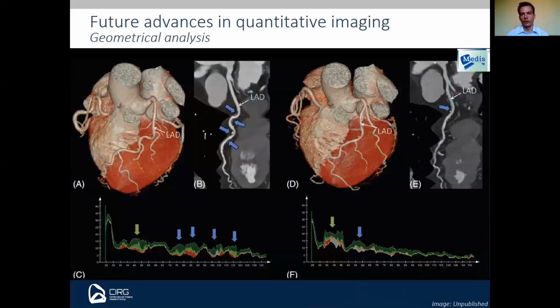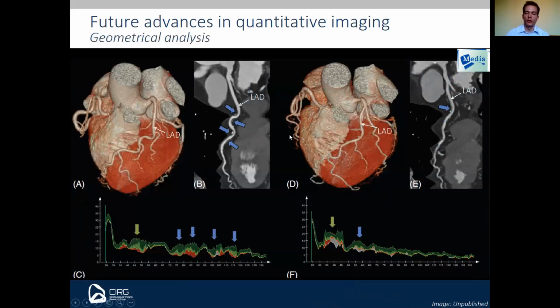A very interesting study that we did here in Budapest, that we are finalizing in these months, is that we scanned 101 twin pairs. As you can see here on panels A and D, these are monozygotic twins. And even though these share 100% of their genetics, you can see that their coronary vasculature shows differences, not only in shape, but also in the plaque composition in these patients.